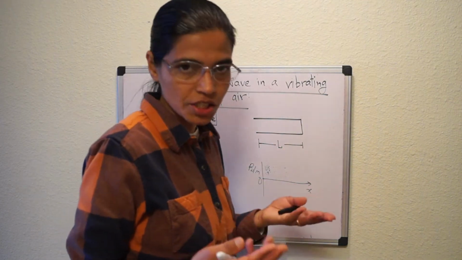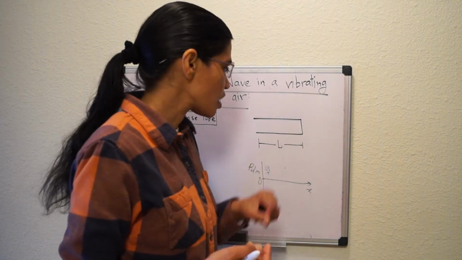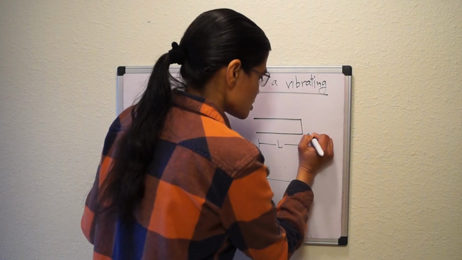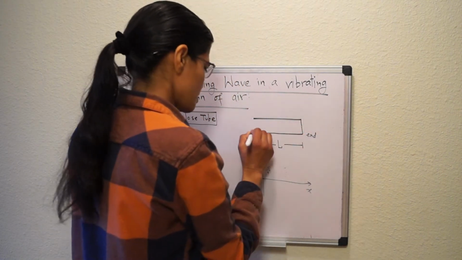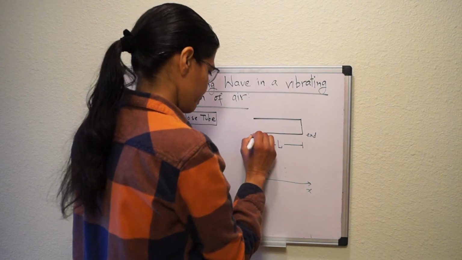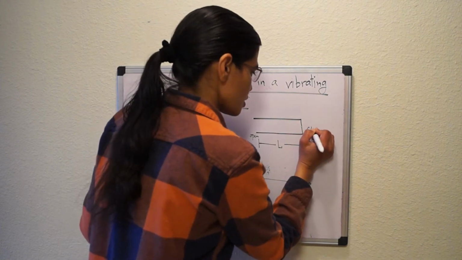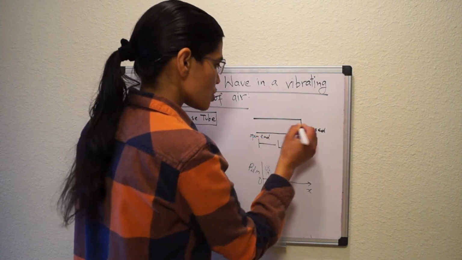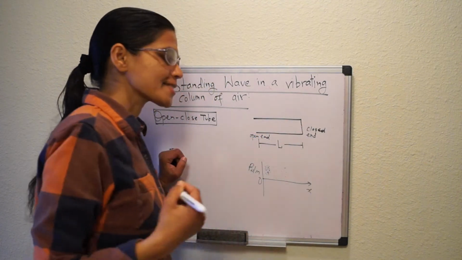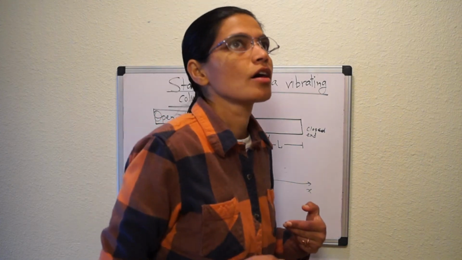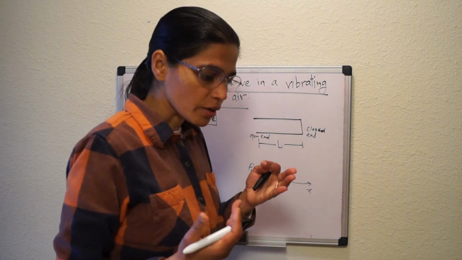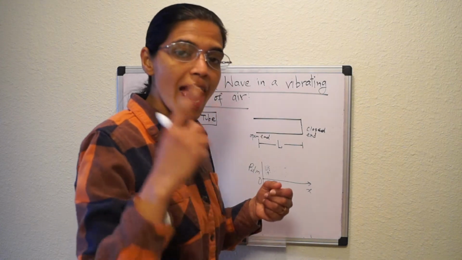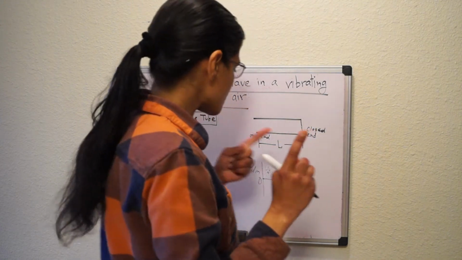Here it is better to talk about oscillation, so we can label this side the antinode. This is the open end, this is the closed end. At the closed end the maximum oscillation of the molecules occurs, so we consider that as the antinode. This is the important part.